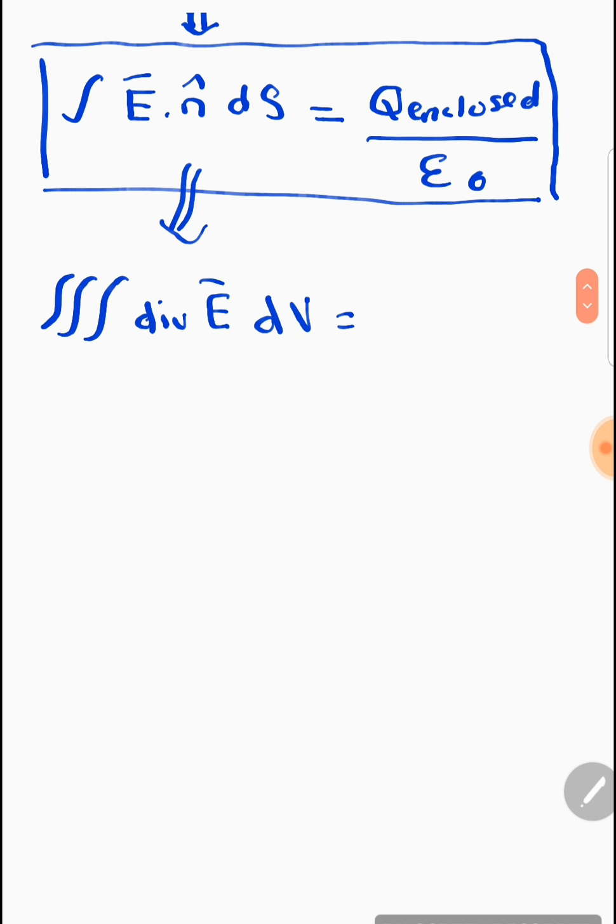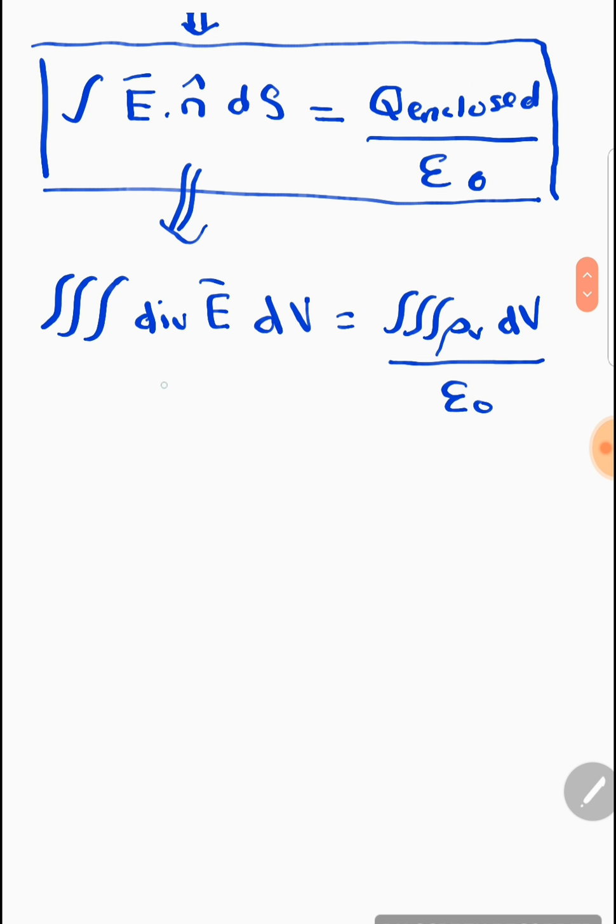And if you recall, if I am having a total charge Q with its charge density, let's call this rho V, the volume charge density of rho V dV, and I replace Q enclosed with this, the numerator here.